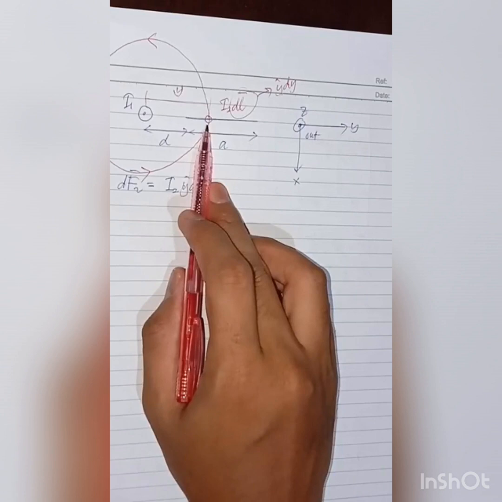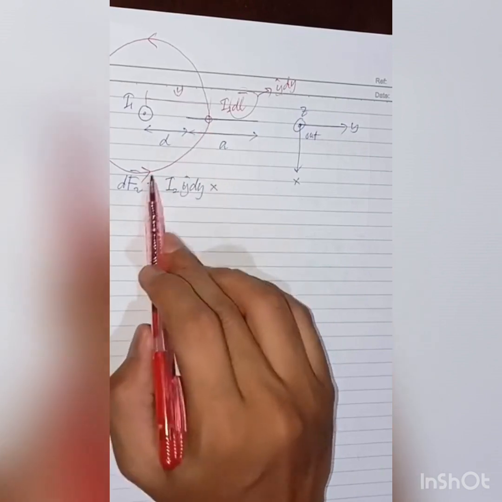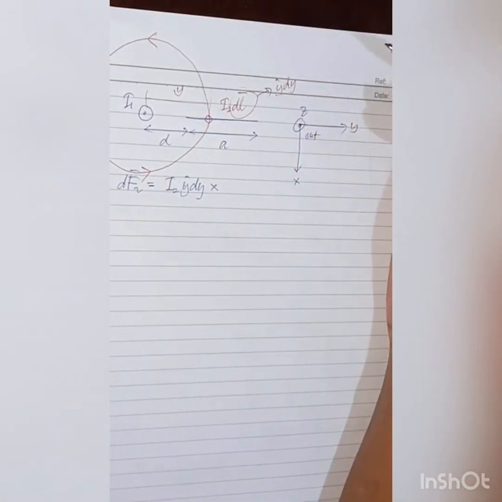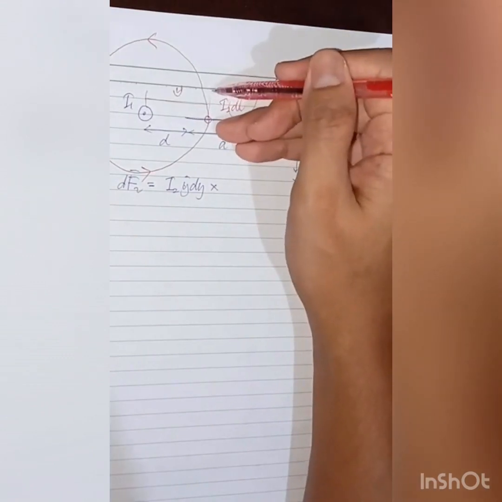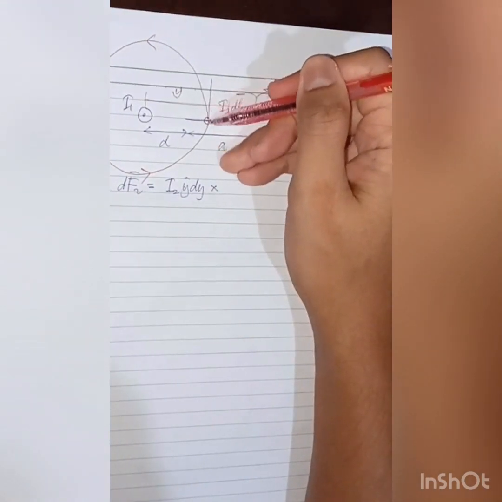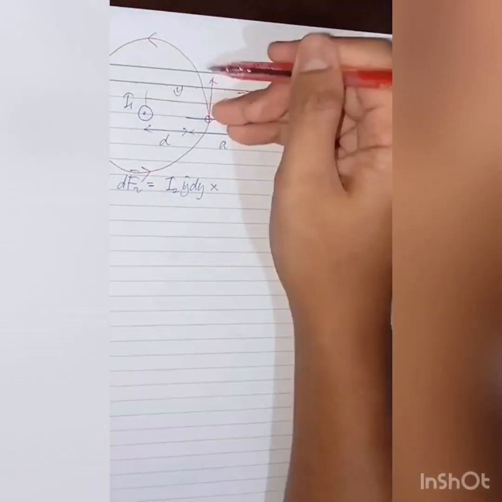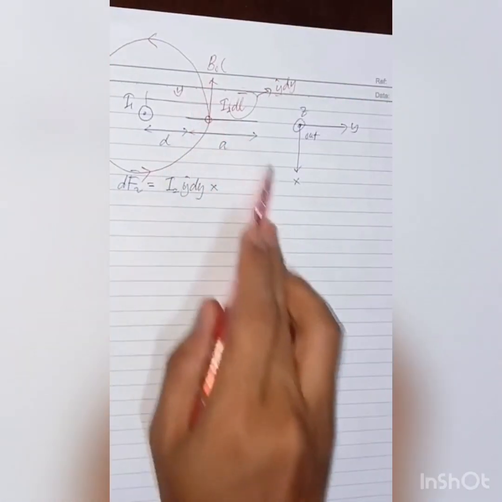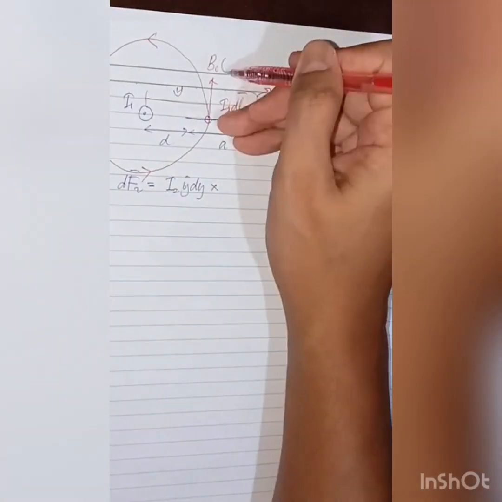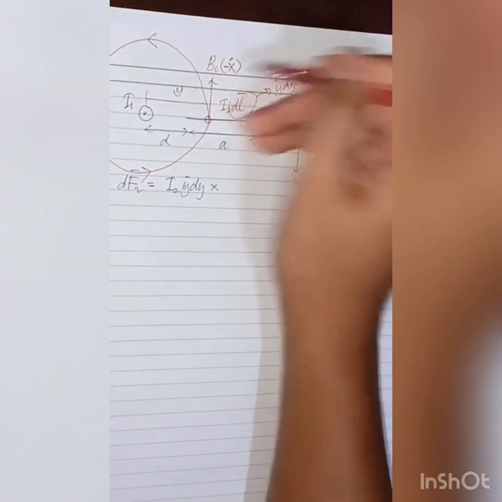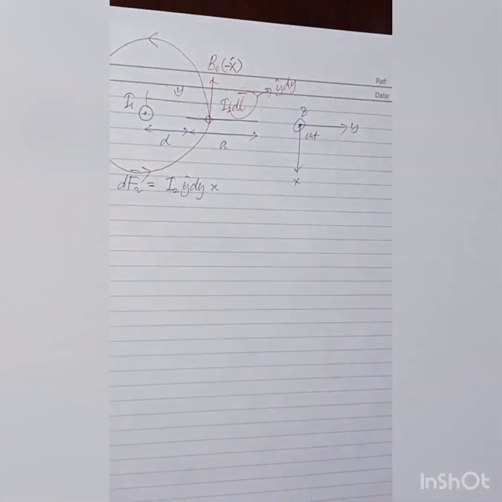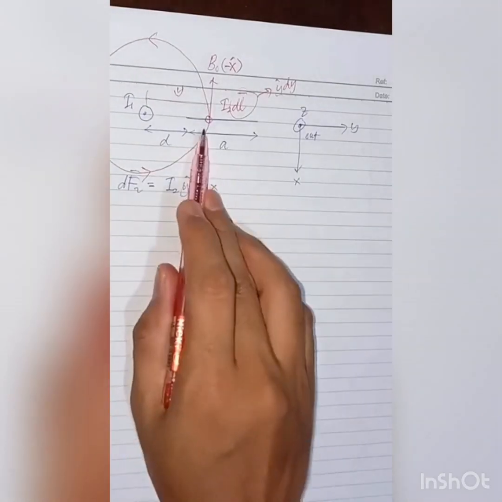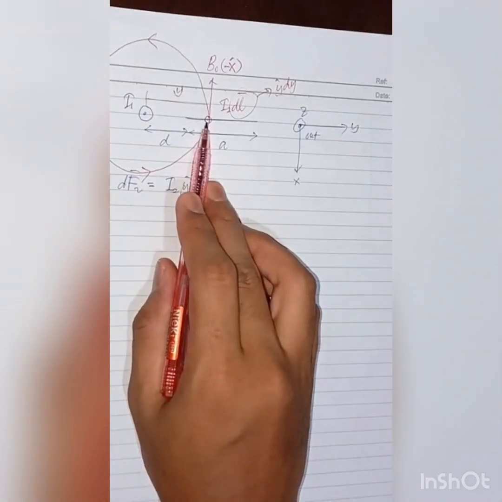Again, you have to find the tangential component of this B field. Simply, you can see that the B appears as shown here. This is our B magnitude, and the B now goes against the positive X, so we have to put a negative X direction. So that's our B field at this particular current element.